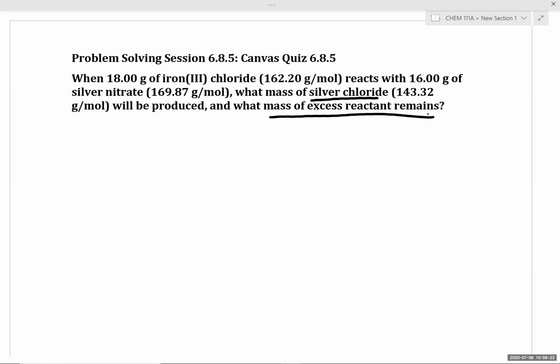So don't be shy to submit your proposed balanced chemical equation into the chat or unmute and propose your solution verbally. And then we'll discuss this example in a few minutes.